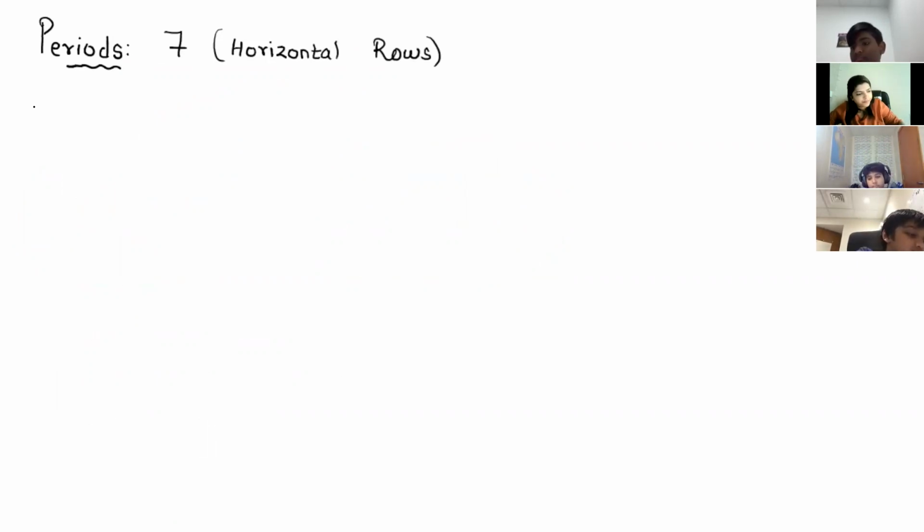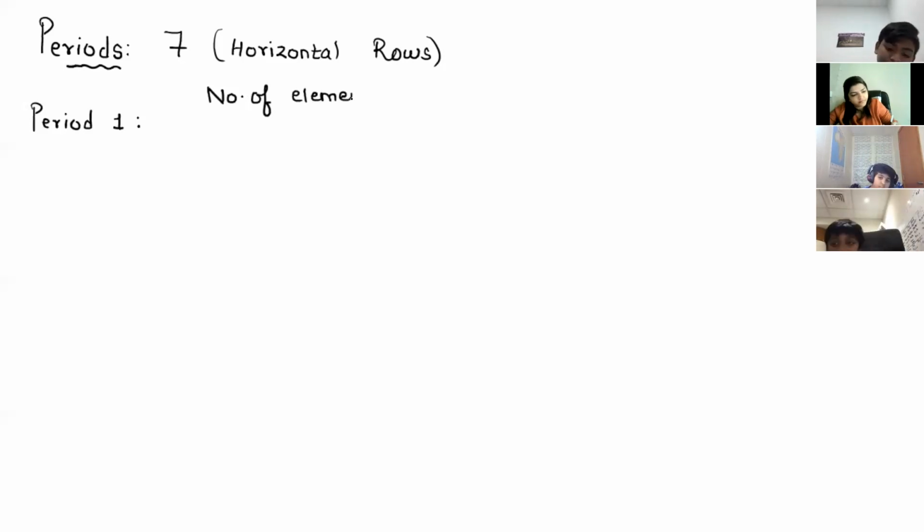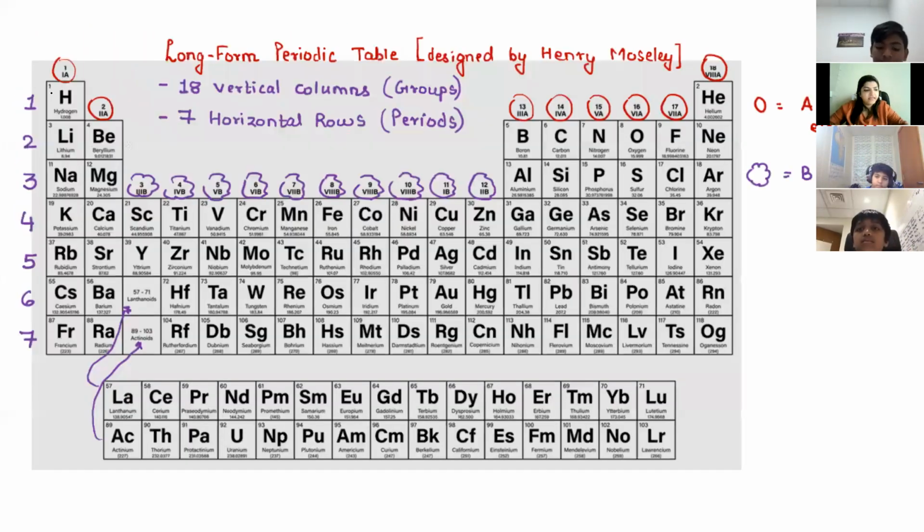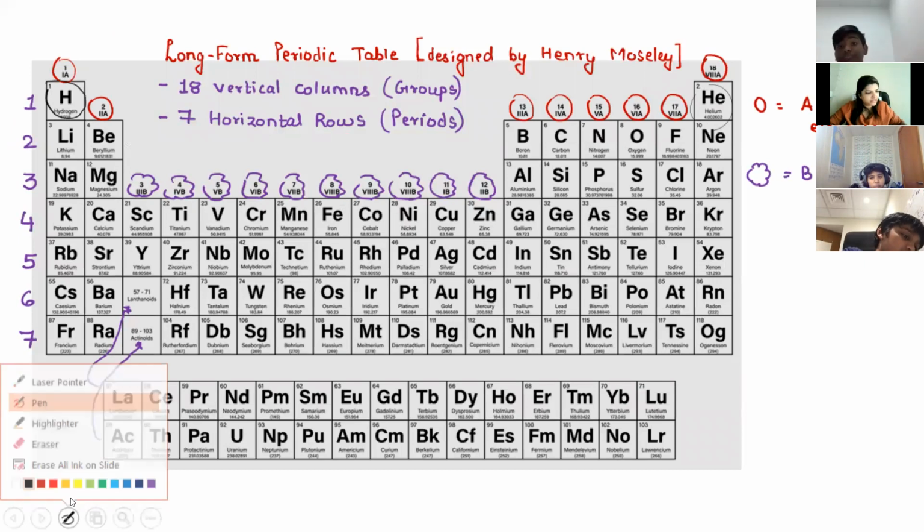Now, talking about period 1. Look at the periodic table and tell me how many elements are there in period 1. Check. 2. Period 1, there is hydrogen and helium, means first row has 2 elements.